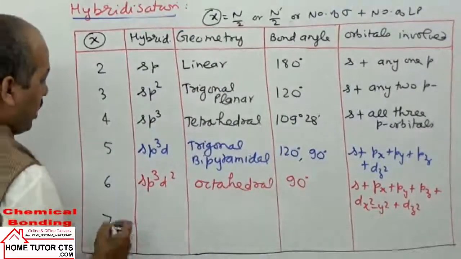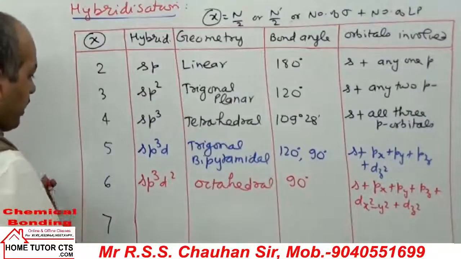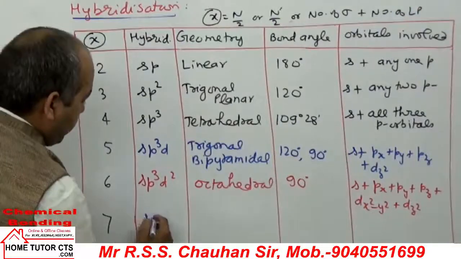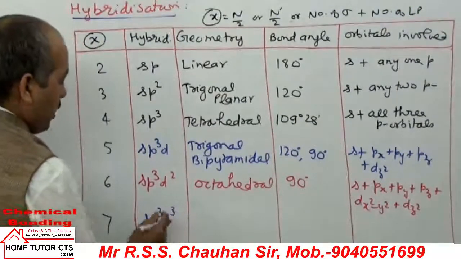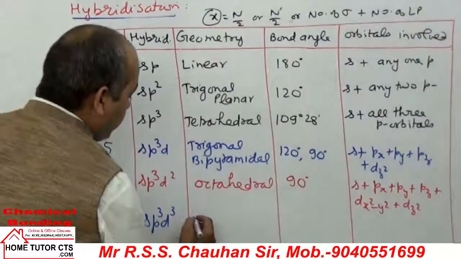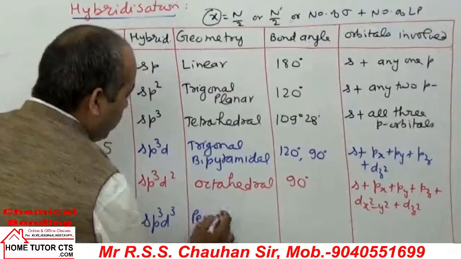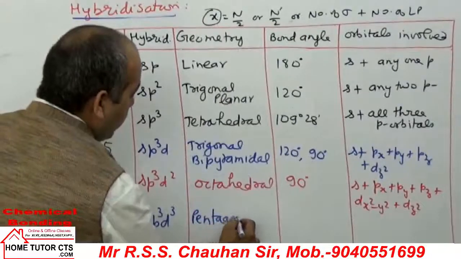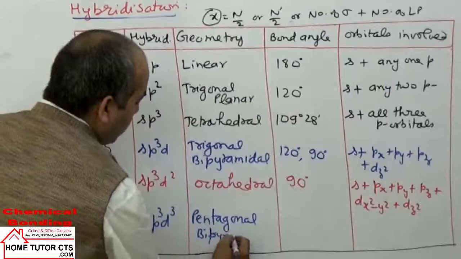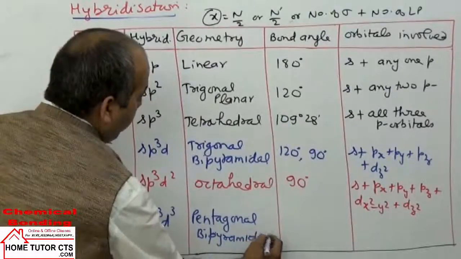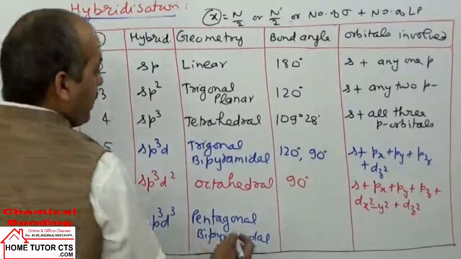And then last one can be taken here for 7 case, sp3d3 hybridization. For sp3d3 hybridization geometry become pentagonal bipyramidal. They involve orbitals.